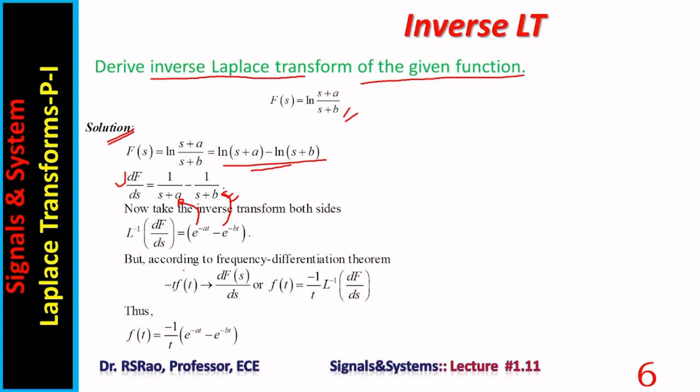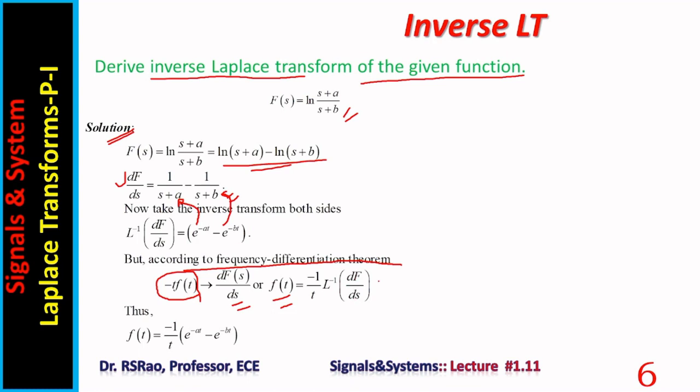Now, according to the frequency differentiation theorem, minus t f of t has the Laplace transform dF of s by ds, or f of t is equal to minus 1 by t times the inverse transform of dF by ds.